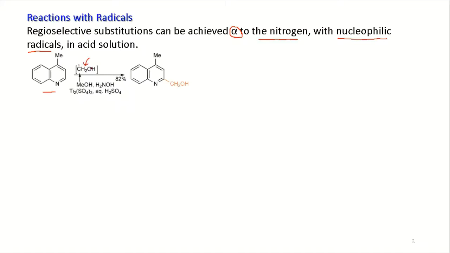Now this radical is a nucleophilic radical, because just to remind you, if it donates the electron, you can think about the formation of this cation, which is stabilized.